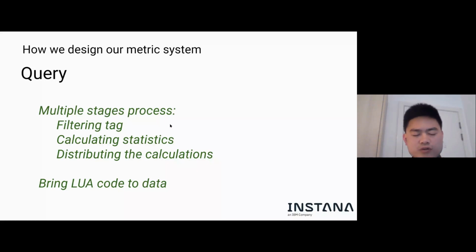So by bringing the Lua code into the aggregator, the aggregator distributes the Lua code to different aggregators at the same time. Each aggregator executes the Lua code, does a calculation, and finally packs all of the results into a JSON format, for example. But the idea here is to do the calculation where the data is, and instead of getting data out, we just distribute the Lua code everywhere and then execute it.